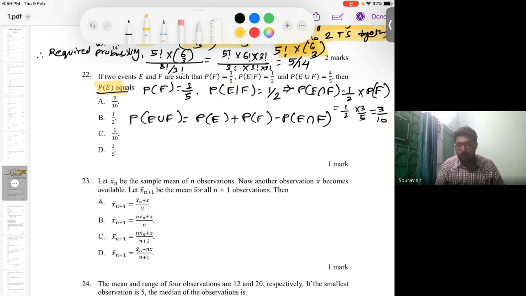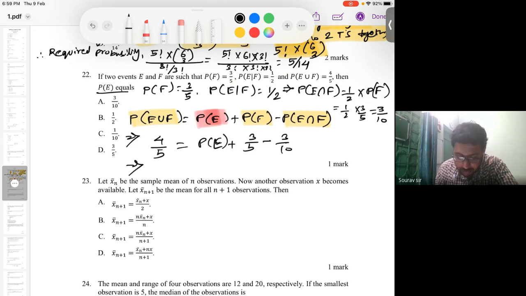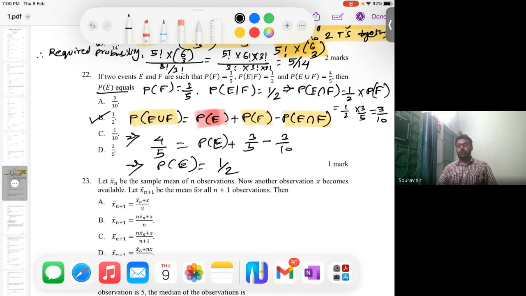We already have the values of these, so if you put them in, you will find P(E). So we put P(F) equal to 3 by 5, P(E intersection F) equal to 3 by 10, and P(E union F) equal to 4 by 5. If we solve this equation, you will find P(E) is equal to half. So the option will be B for question number 22.